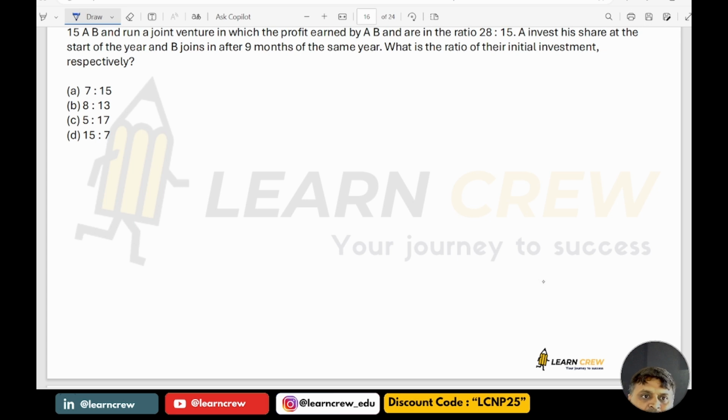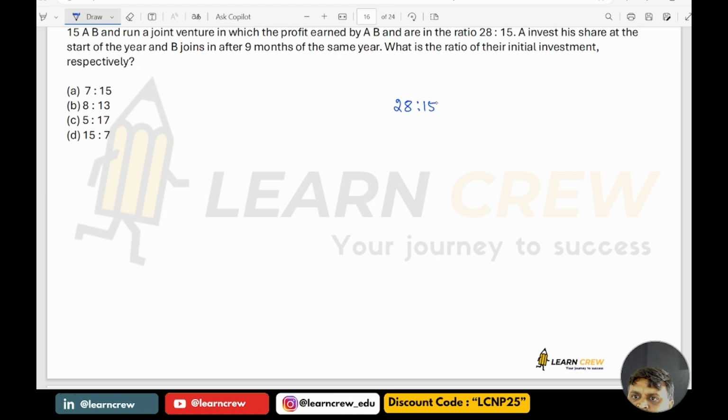A and B run a joint venture in which the profit earned by A and B are in the ratio of 28:15. A invests his share at the start of the year and B joins after 9 months in the same year. What is the ratio of their initial investment respectively? So see here, the profit ratio is given 28:15.